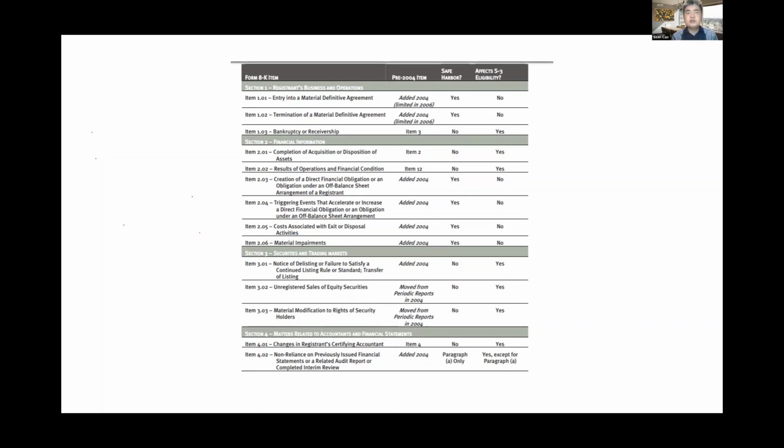First rule I want to tell you is after 2006, the firms have to disclose the events within 4 days of the occurring date of the event. So for example, if a firm signed a contract today, if the contract is material, the firm has to disclose the contract within 4 days starting from the date the contract is signed.